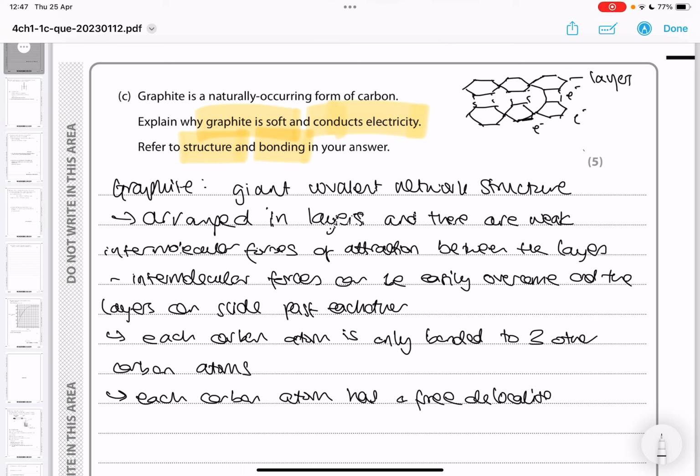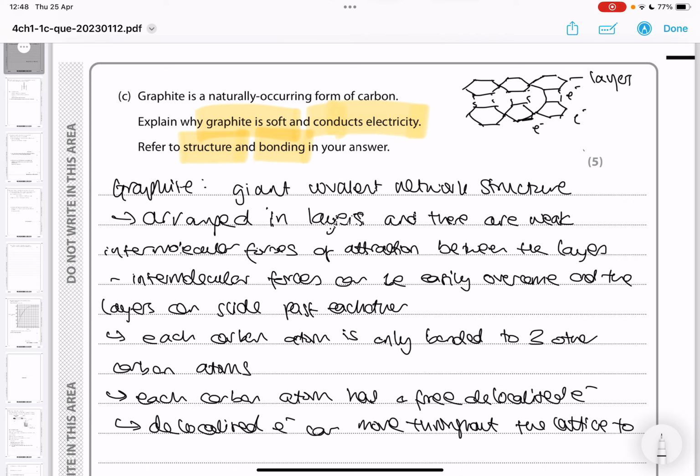And these delocalized electrons, they can easily move throughout the lattice structure to conduct electricity. Okay, so that's basically it. That'll get you your 5 marks.